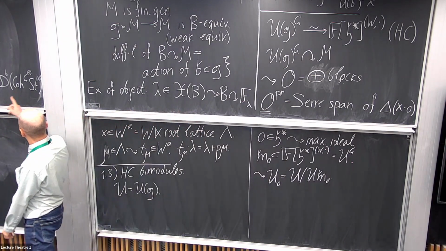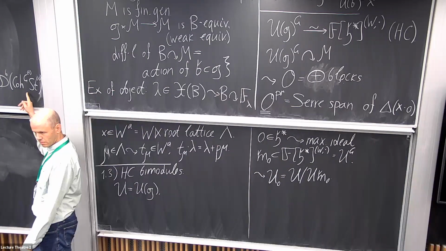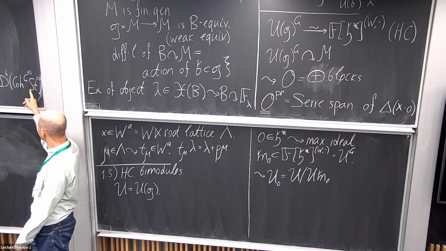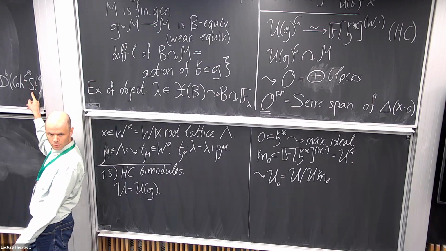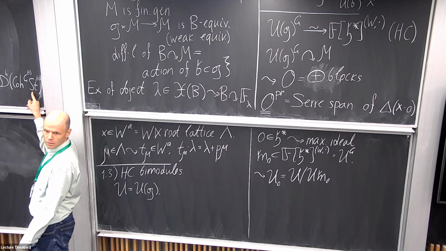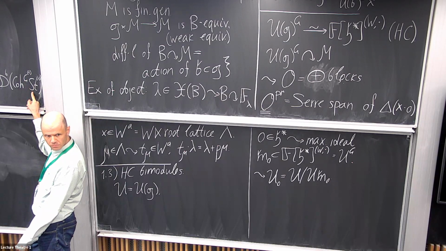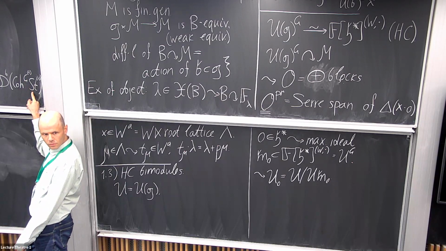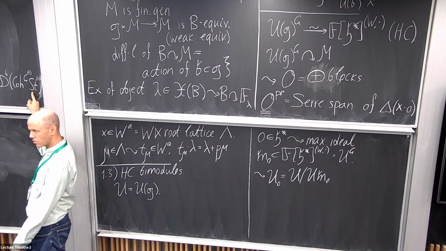These are categories over the field F. They have a linear structure, and for example, these two are schemes over F. So what I'm going to do is twist this structure by Frobenius to the -1. And this twist is to make sure that the map which sends x to x to the power p now becomes linear instead of twisted linear. So that's just some accounting device for the F linear structures. You don't need to care about it that much.